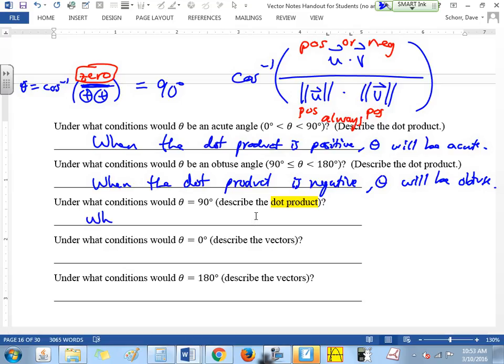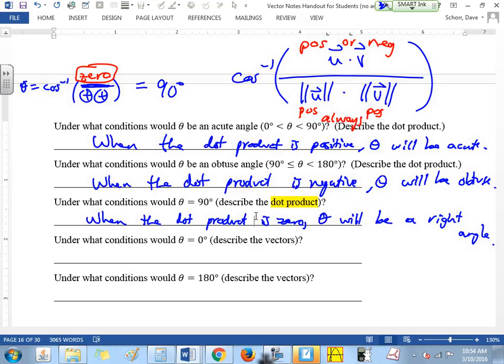So when the dot product is 0, theta will be 90, or will be a right angle. Okay, good. That only leaves us with one last possibility. Either the vectors are pointing acute, or they're pointing obtuse to each other, or they're pointing 90 degrees to each other. But there's one more possibility.